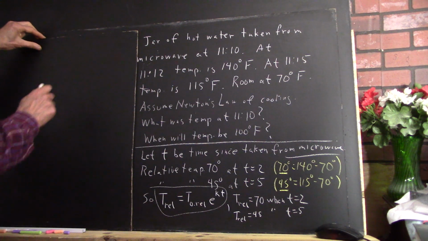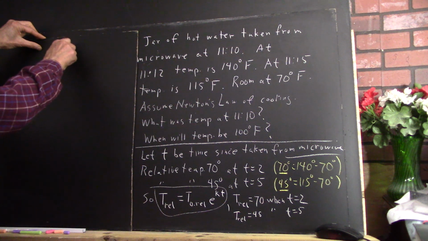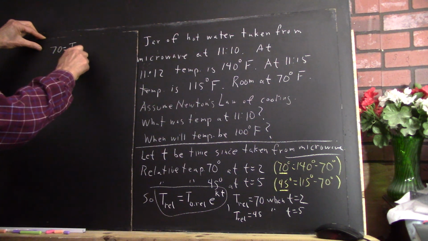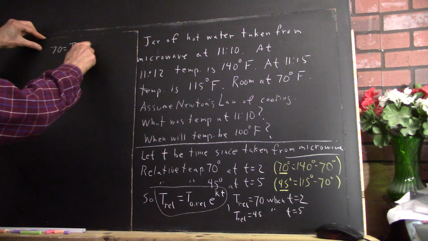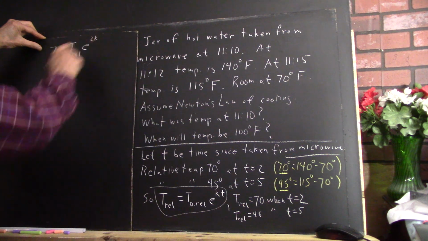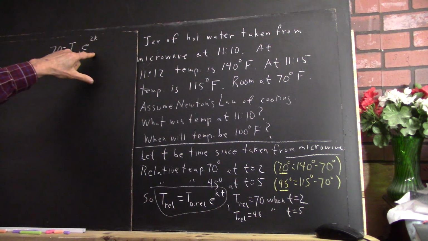So we get 70 equals t naught relative times e to the 2k.